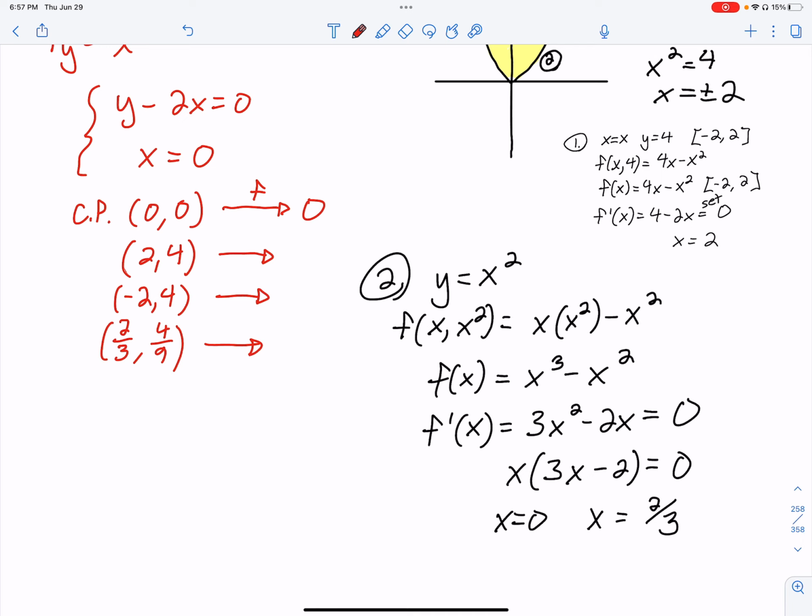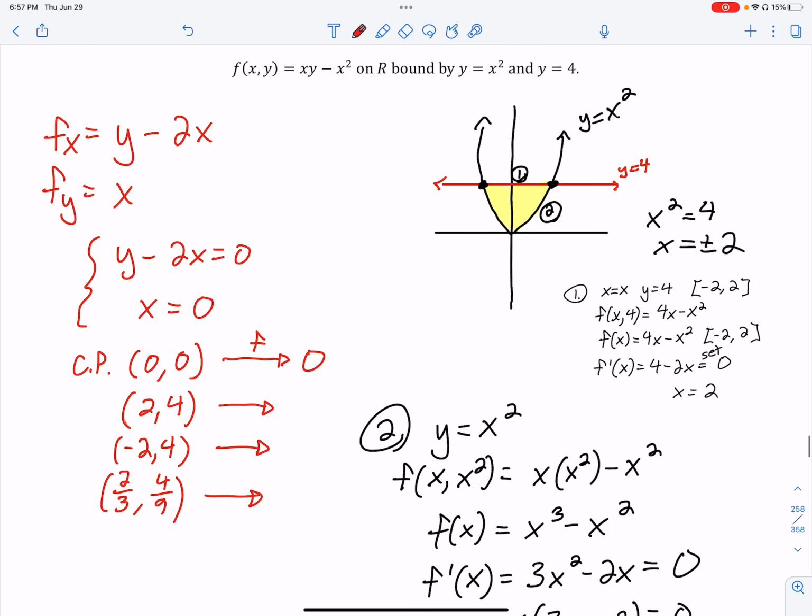These four values are going to tell me which is the absolute max and which is the absolute min. So we just have to think about plugging these in. We have 2 times 4 minus 2 squared. That's going to be 8 minus 4, so we get a 4 there. I get negative 2 times 4 minus negative 2 squared. That's negative 8 minus 4, which is negative 12.